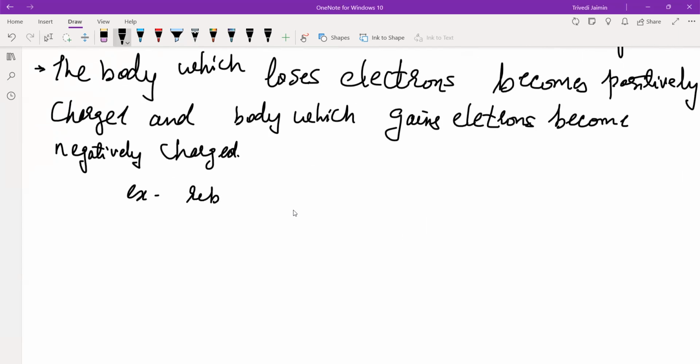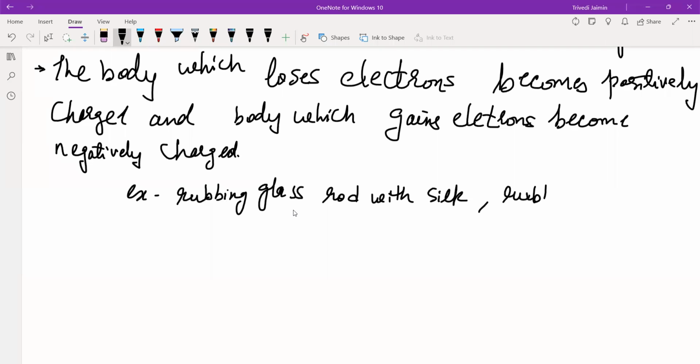Example: rubbing glass with wool or fur.